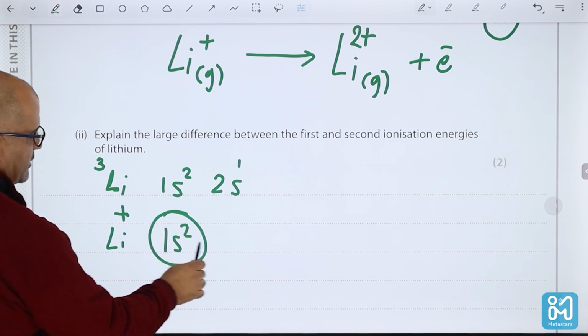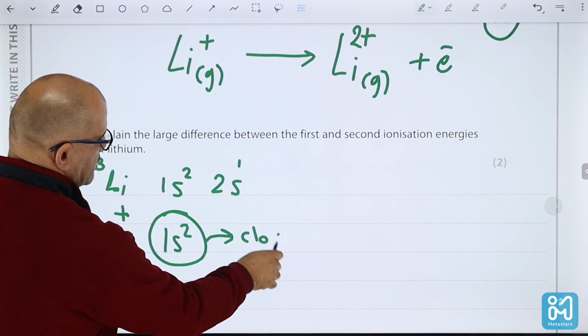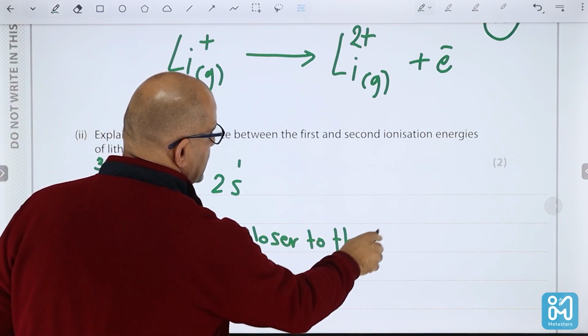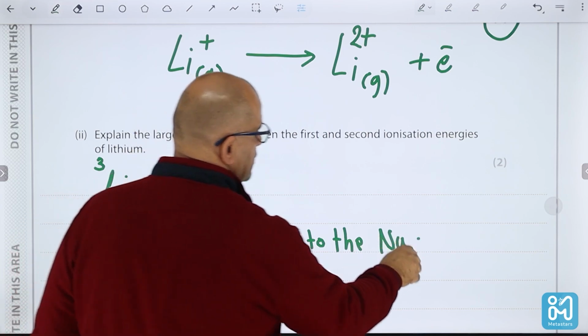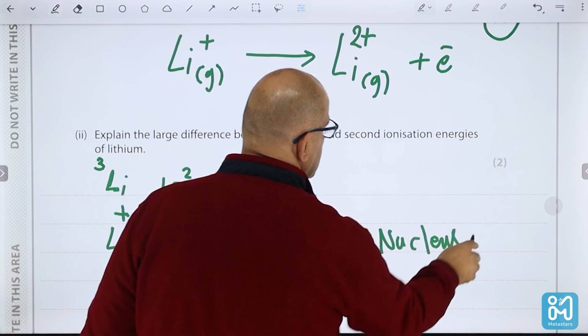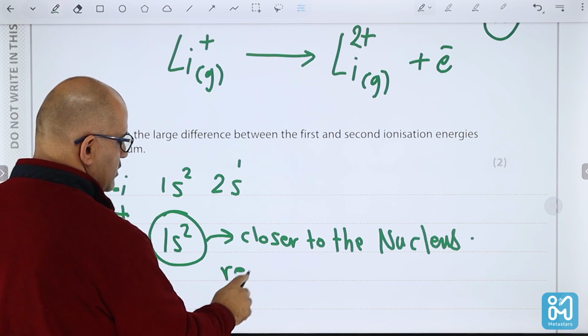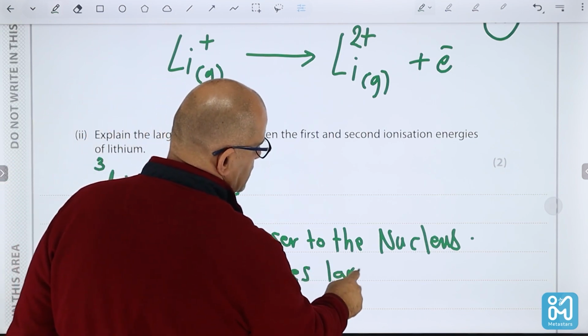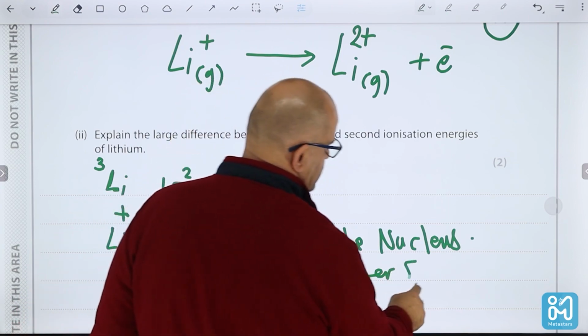You can see that this one is closer to the nucleus, so it requires larger energy.